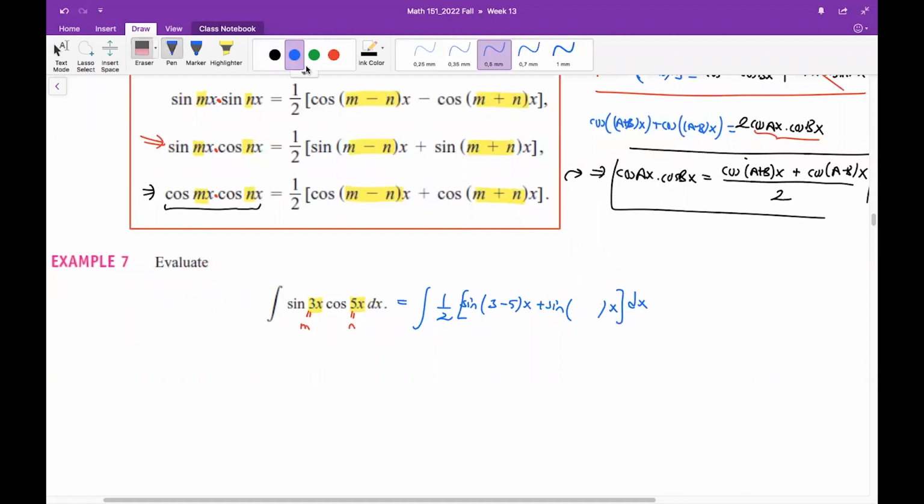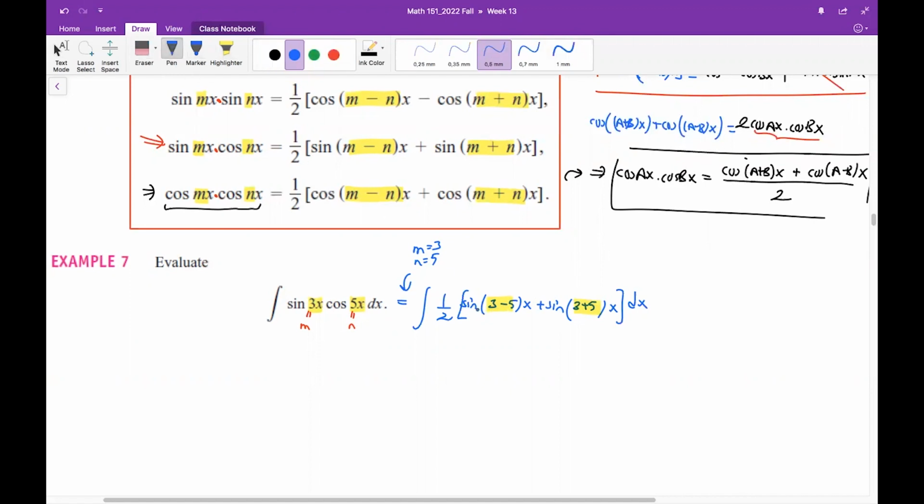That's how you apply the right-hand side, where m is 3 and n is 5. The right-hand side looks like this now with the new coefficients. Now the product is transformed to a summation.